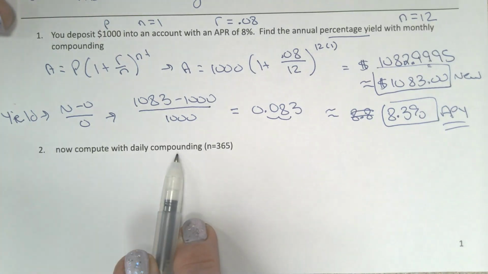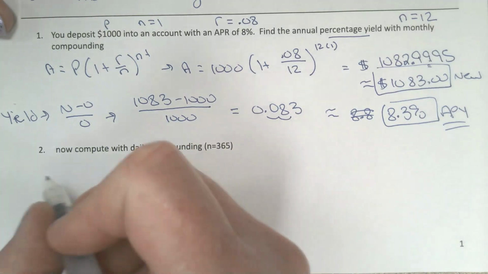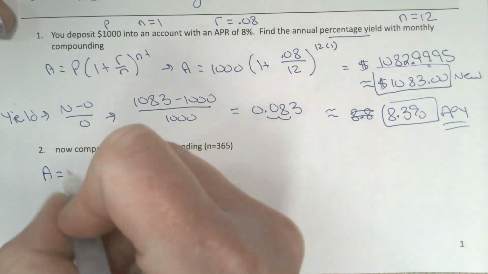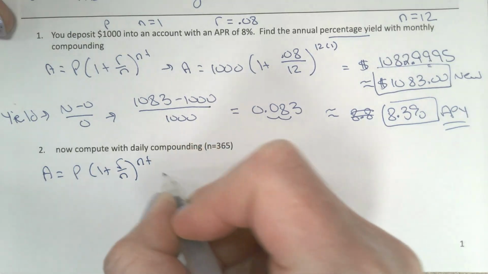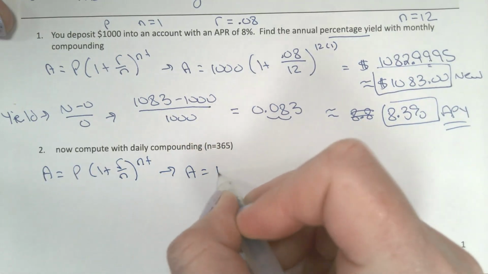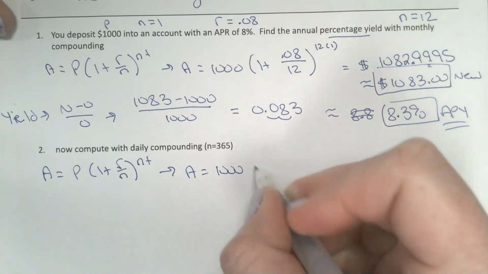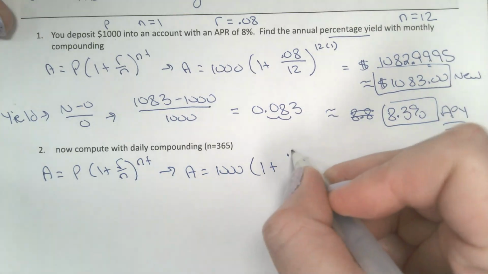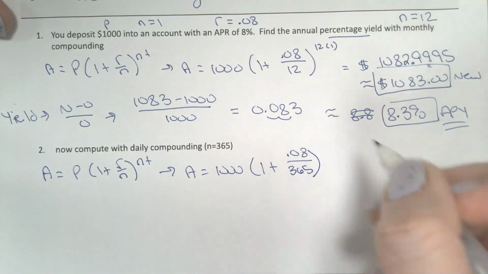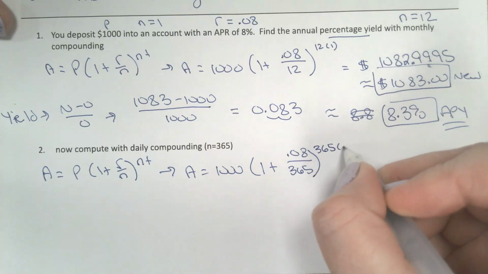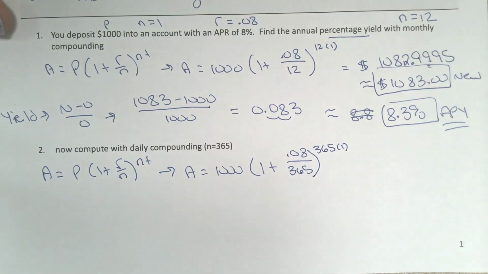What happens if we allow it to compound daily? A equals P times 1 plus R divided by N to the NT. My principal is 1,000. My rate is 0.08 divided by 365, raised to the 365 times 1.